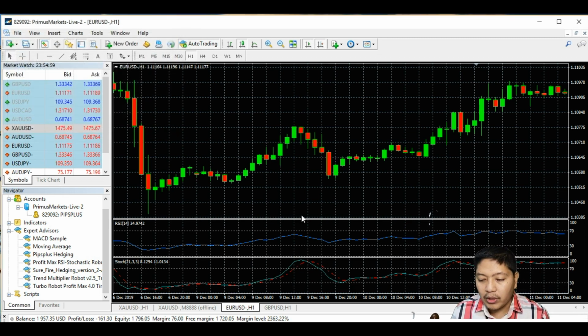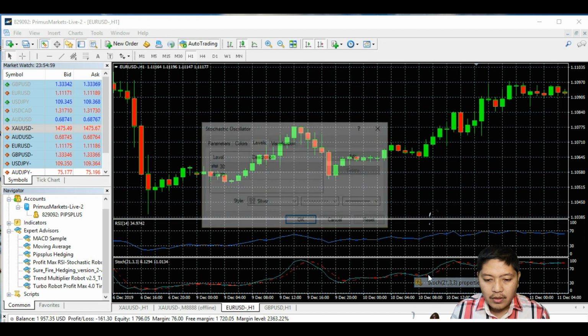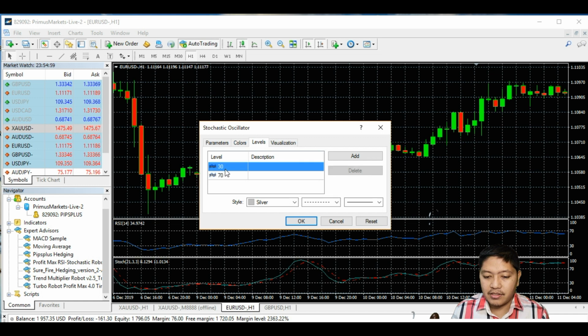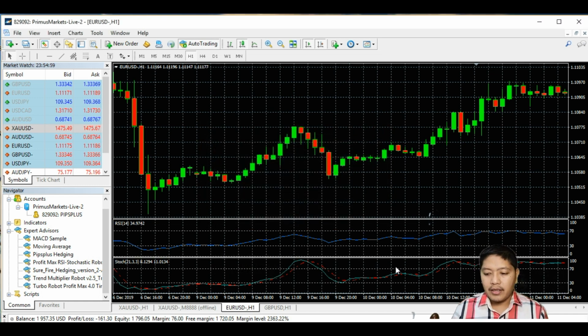So this is my setting: percentage K period is 21, percentage D period is 3, and slowing 3. The levels are 30-70 as well, same as RSI.